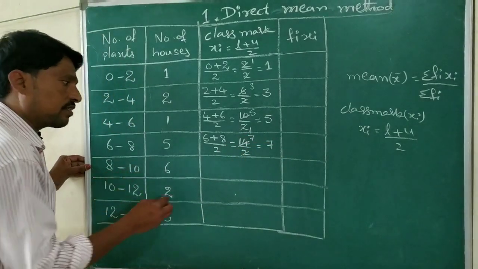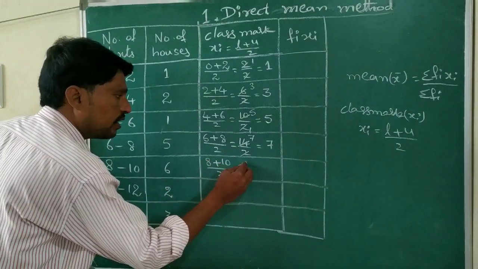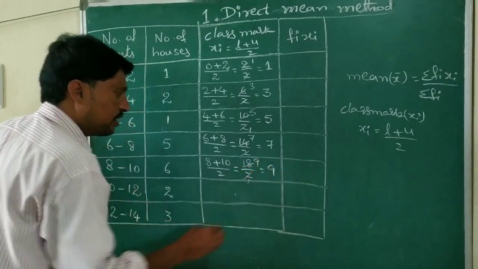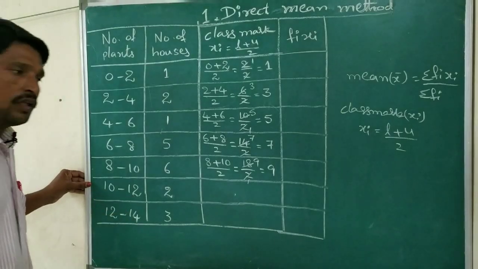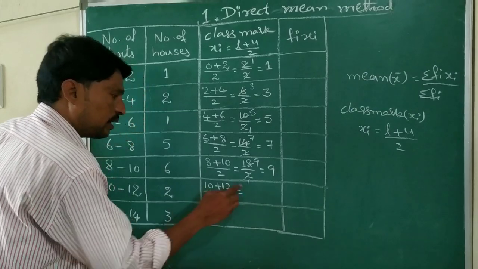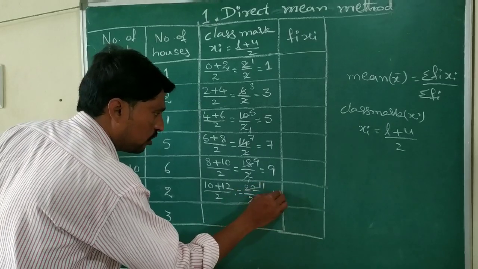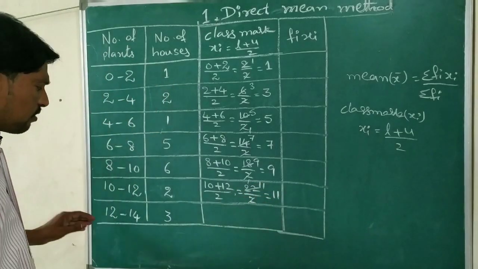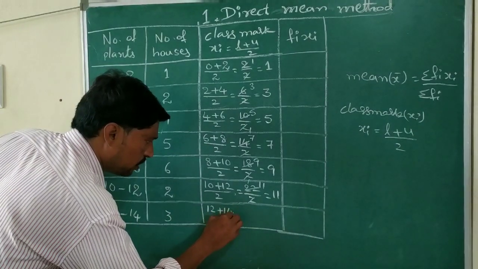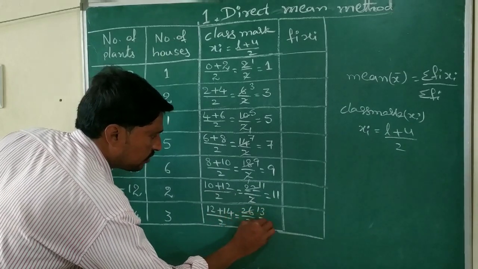Now 8 to 10 class interval, 8 plus 10 is 18, 18 by 2, so 9. 10 to 12 class interval, 10 plus 12 is 22, 22 by 2, that value is 11. Last class, 12 to 14 class interval, 12 plus 14 is 26, 26 by 2, that is 13.